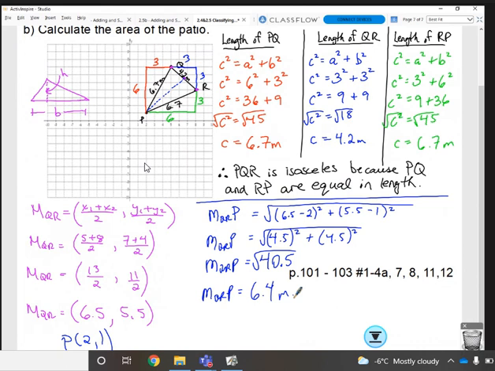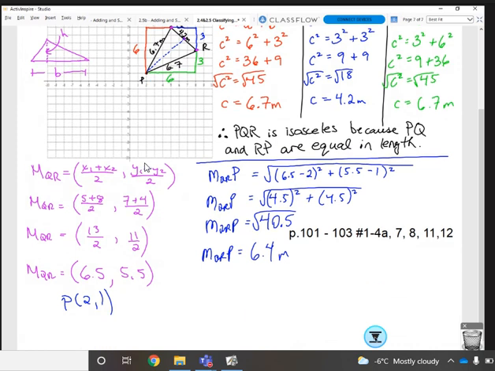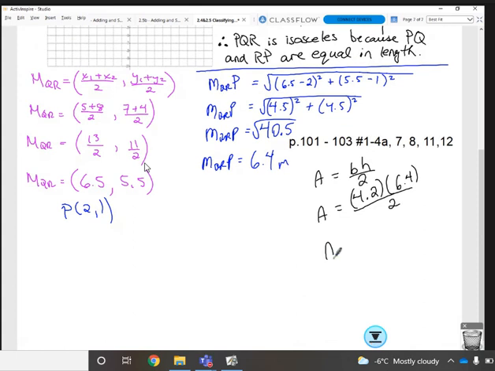So now that we have the altitude of this triangle, we can go ahead and just solve for the area. So area equals base times height divided by 2. Area equals 4.2 times, we now know that that's 6.4, divided by 2. 6.4 times 4.2 divided by 2 is 13.44 meters squared.